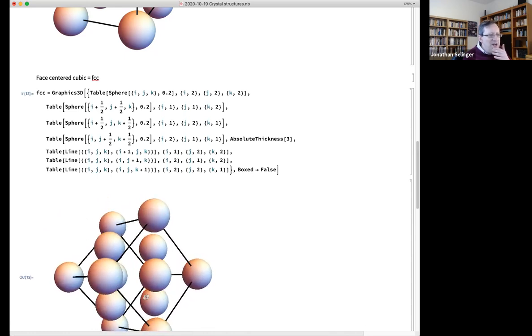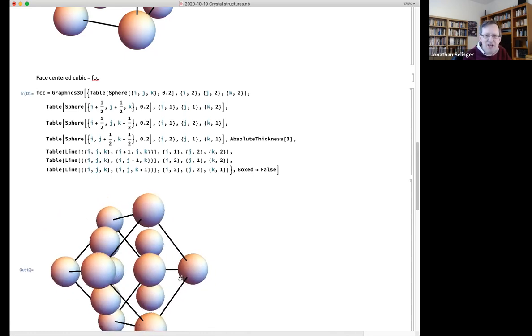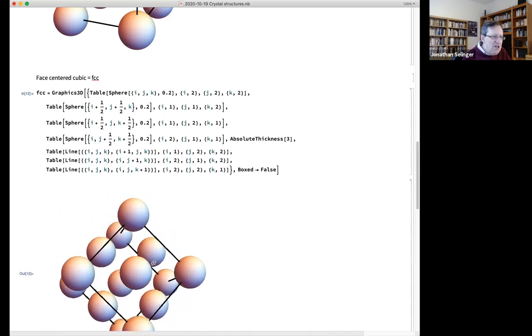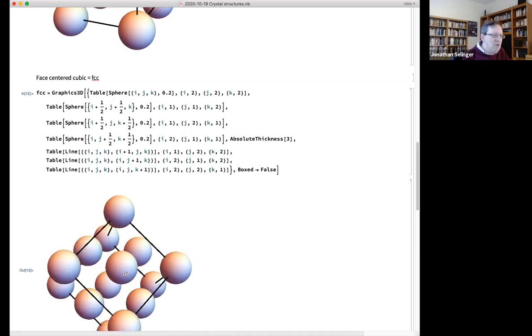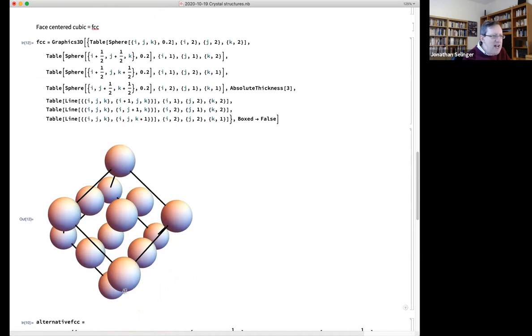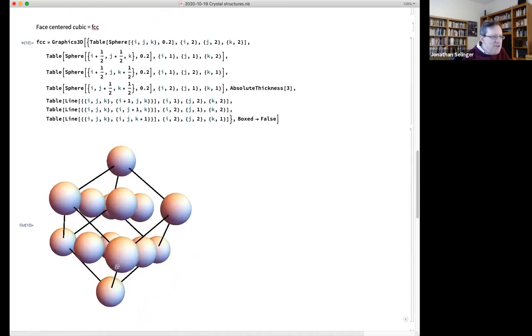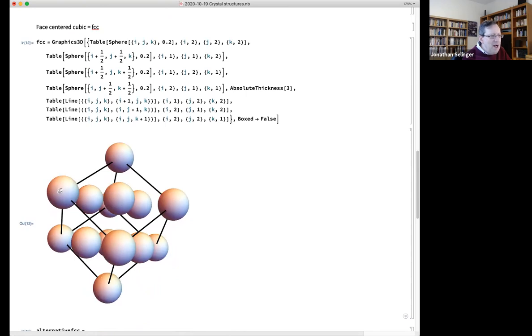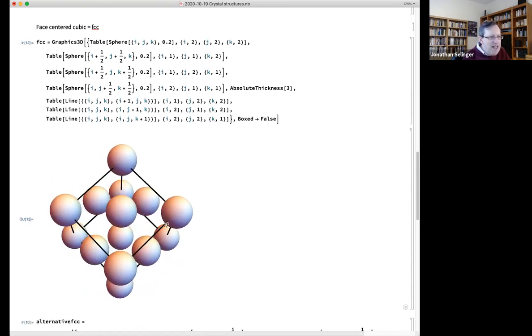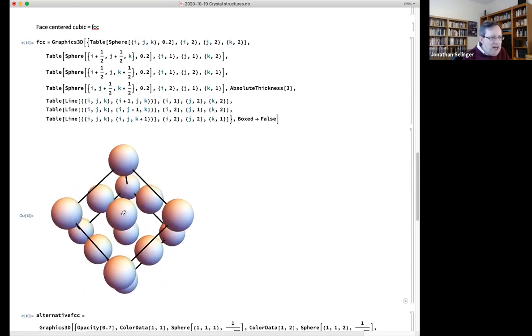One nice thing that we can do with three-dimensional graphics is look at the FCC structure with the corner pointing up. Okay? And a nice thing about doing that is you can see there's then a plane of atoms here and a plane of atoms there. And within each of these planes, it looks like a triangular lattice. Okay?